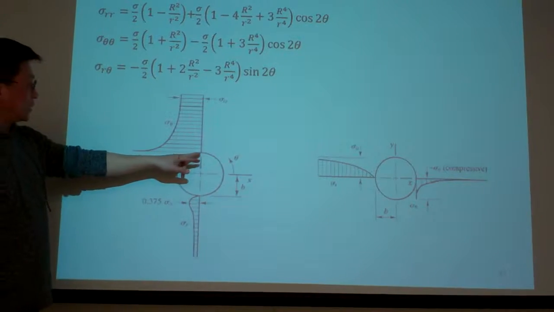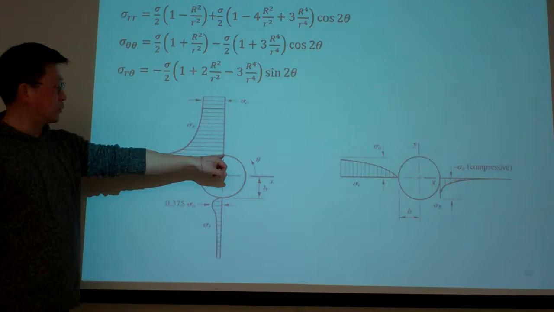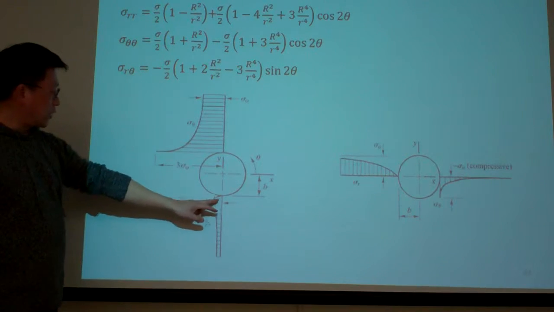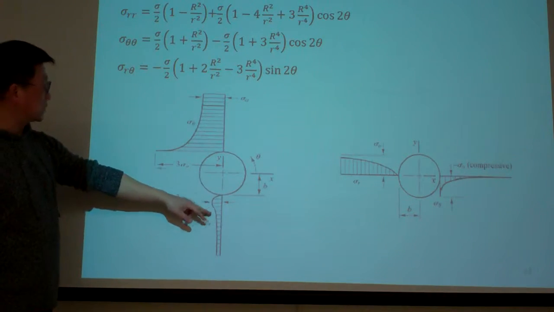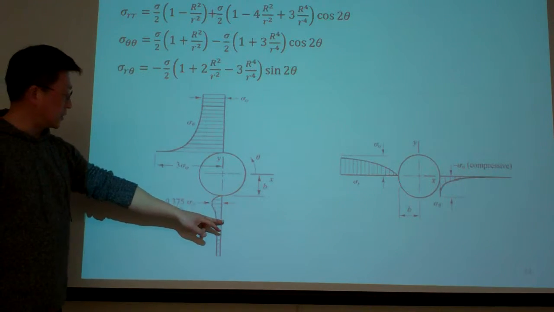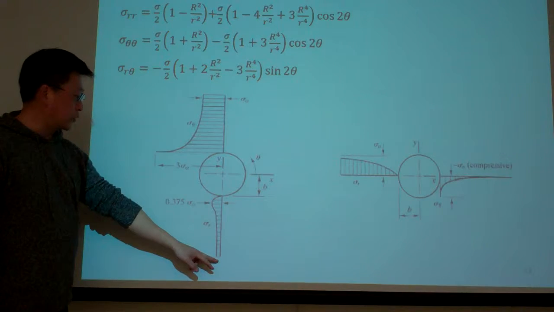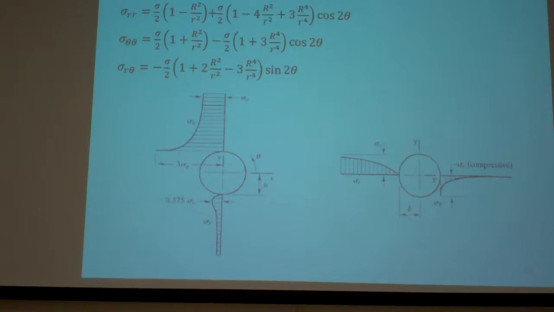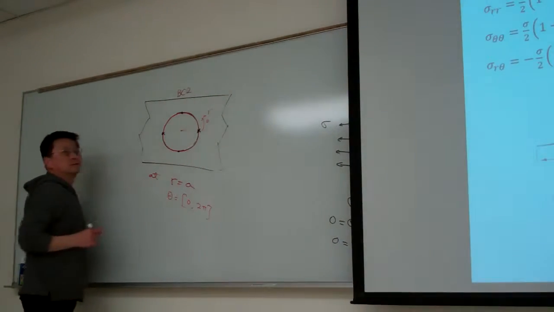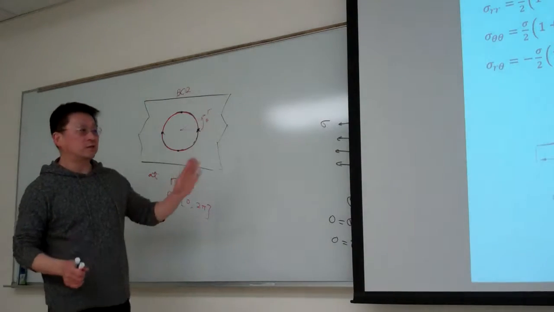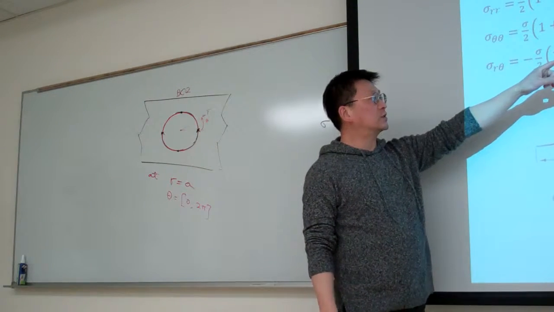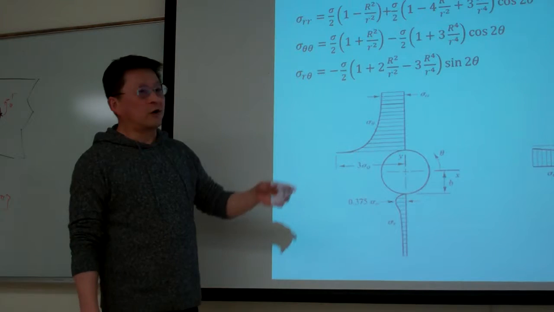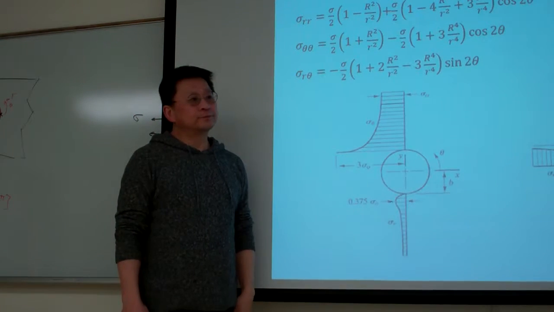This is the distribution of the stress at this point as a function of R. And this one is sigma R. Again, they are plotted as a function of the radius R. This graph shows the distribution of the stress at these locations. Simply, we look at a different location, which means we fix a specific value of theta and then draw the distribution as a function of R. That is the meaning of this graph.